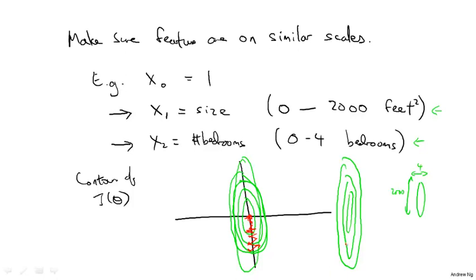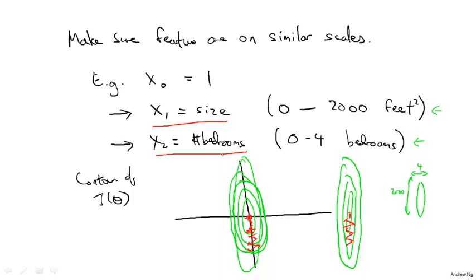But with this sort of oscillating back and forth behavior, it can take gradient descent a long time to get to the global minimum, or you might need to use a very small learning rate. This is a consequence of your features being on very different orders of magnitude.